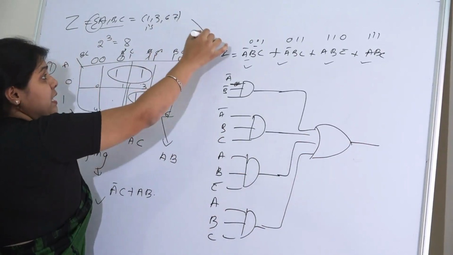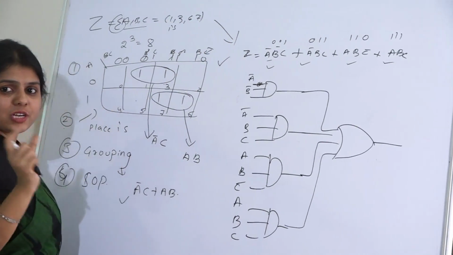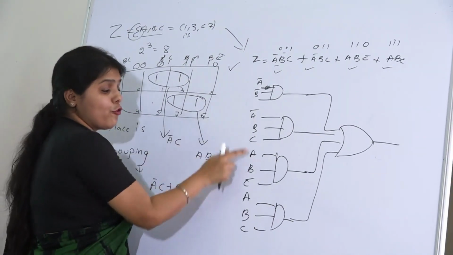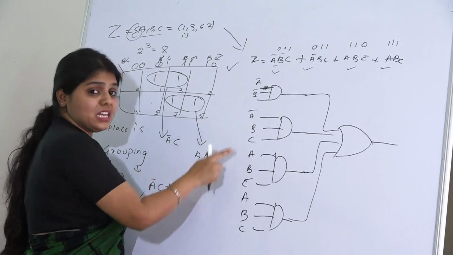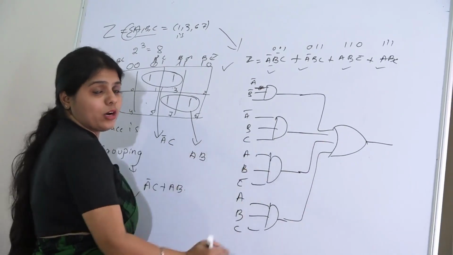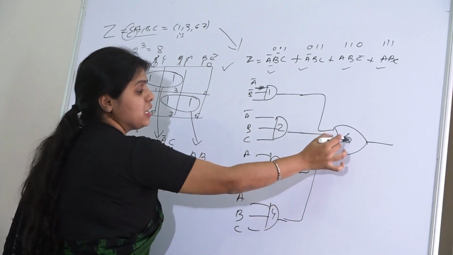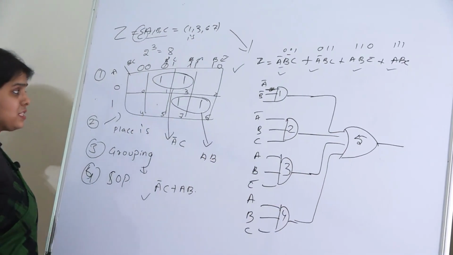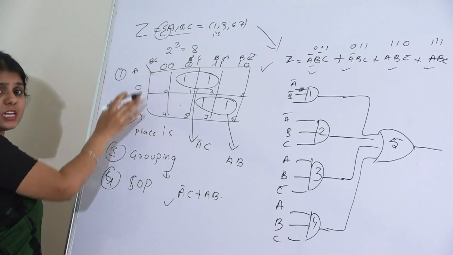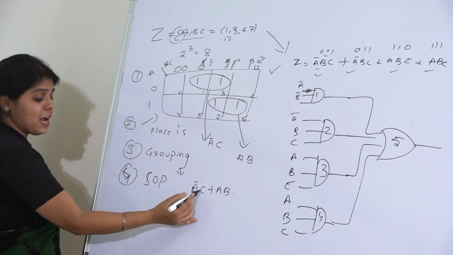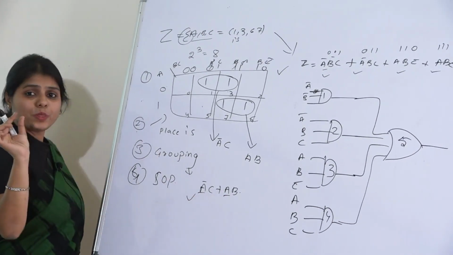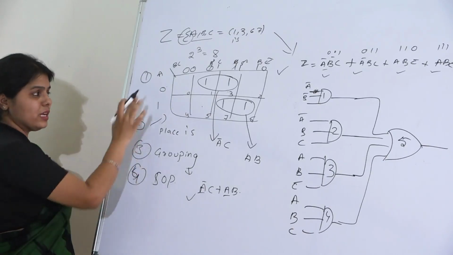So when I didn't reduce, when I have taken the original expression, I need 4 AND gates of 3 inputs each and 1 OR gate. So altogether 1, 2, 3, 4 and 5 logic gates are being used. But if I try to reduce this given expression using K-map, I have 2 literals only in the given function.